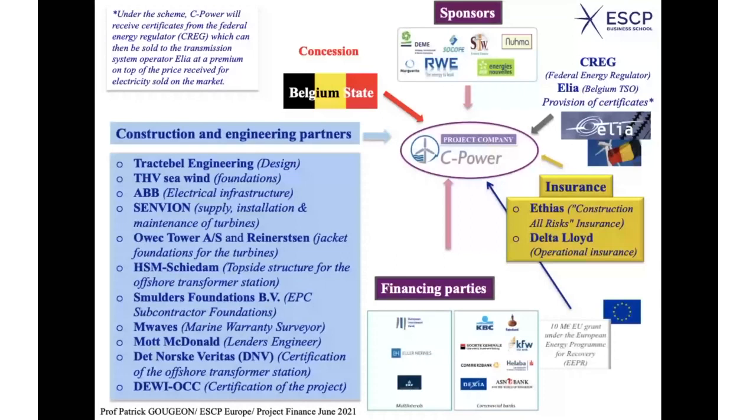Then once the project is completed, you still have operational risks, things that might occur during the operating phase, and this insurance service would be provided by Delta Lloyd. So that is a typical description of a project that took place, with the different players involved in the development of this project, which now exists.